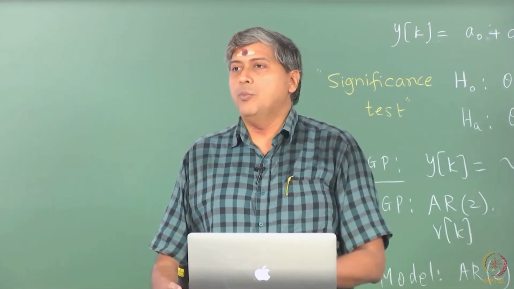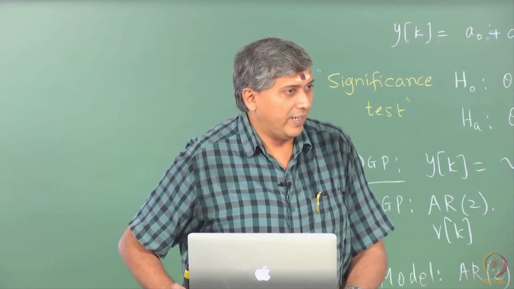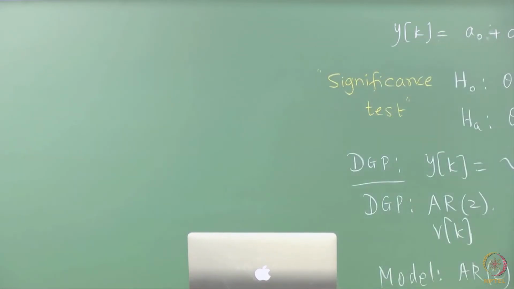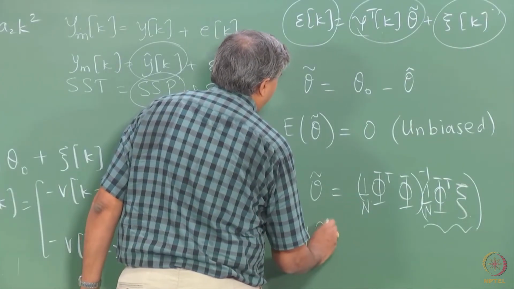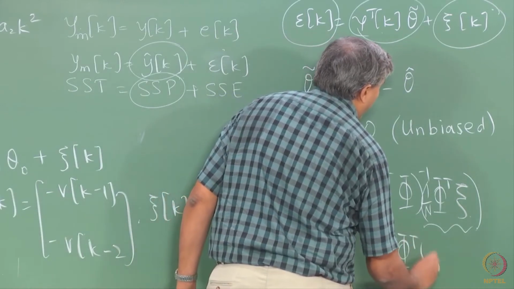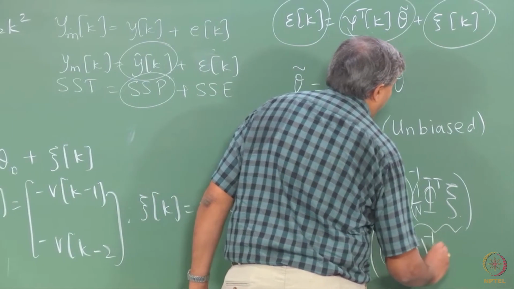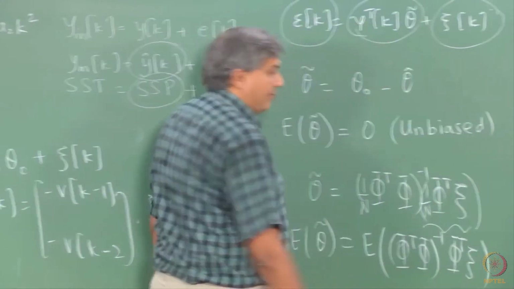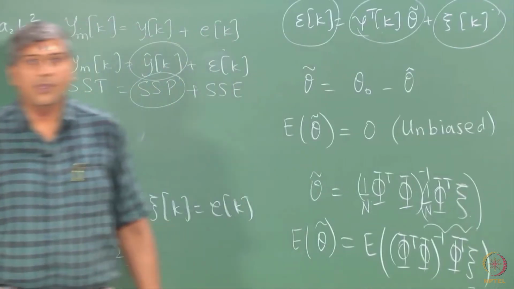The case is a bit more complicated for stochastic regressors. In the case of stochastic regressors, evaluating the expectation of theta tilde, that is expectation of phi transpose phi inverse phi transpose z, is not going to be easy.